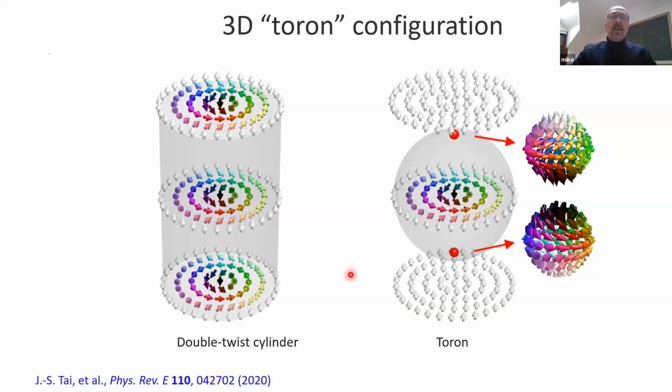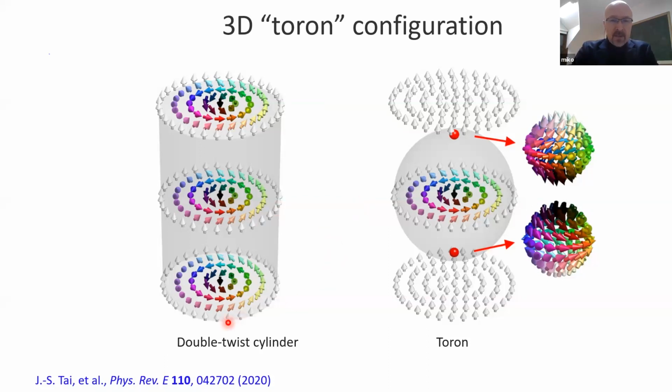So how can we introduce this non-uniform structure between two plates? Experimentally, the plates usually impose homeotropic boundary conditions, in this right panel schematically represented by these gray arrows pointing upwards. So how can you now introduce this non-uniform, topologically non-trivial configuration between these plates with homeotropic boundary conditions?